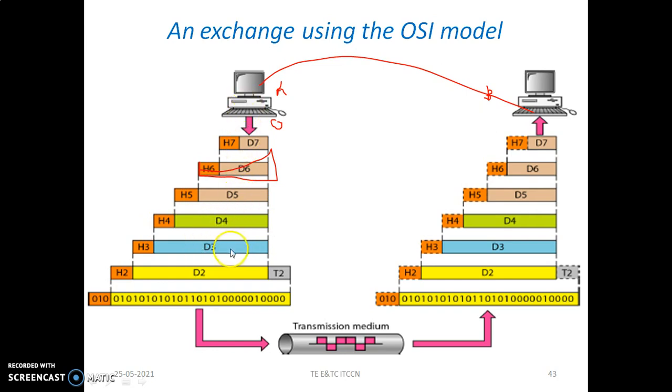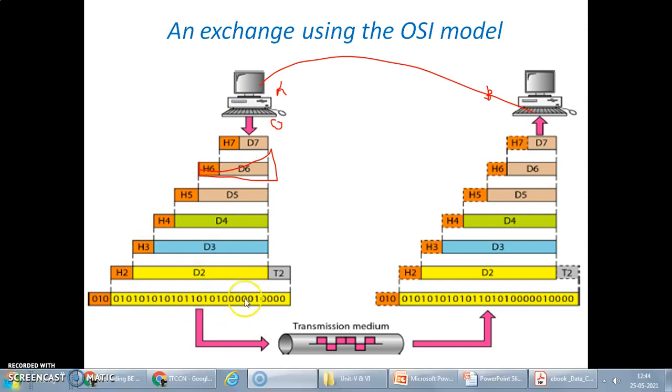And likewise each and every layer will add its own data in the form of a header and it will be forwarded ahead. What happens at the lower end is that the data link layer has an additional functionality. It also adds the trailer. Every layer may not add one, but the data link layer will add the trailer T2 and this is the header. The trailer consists of the details about error detection and correction codes.